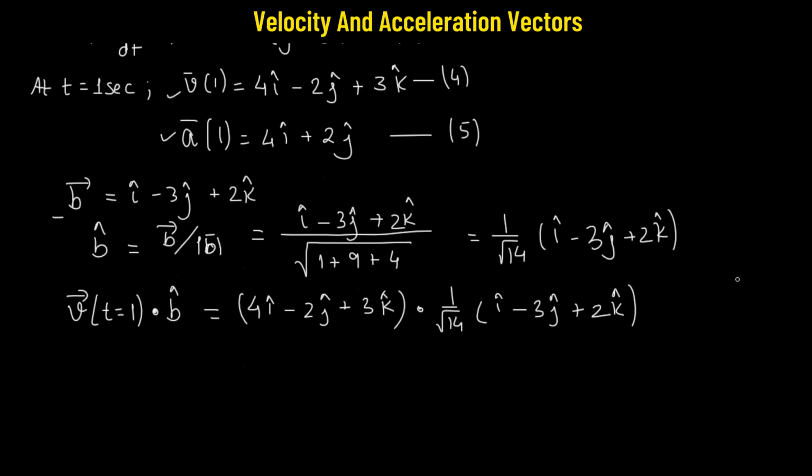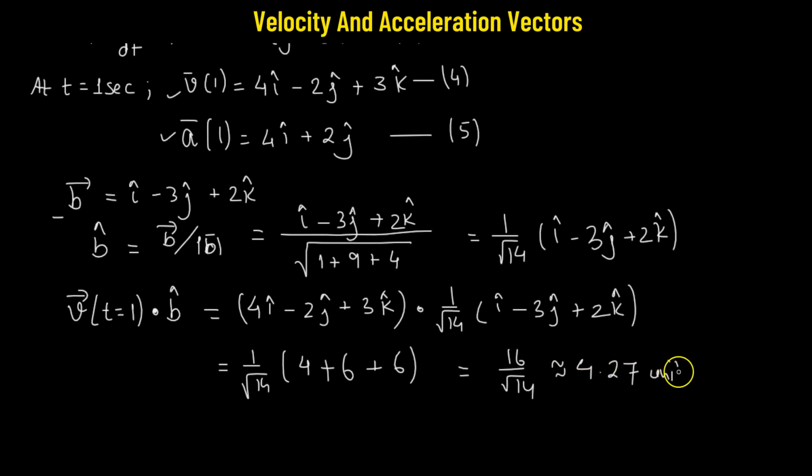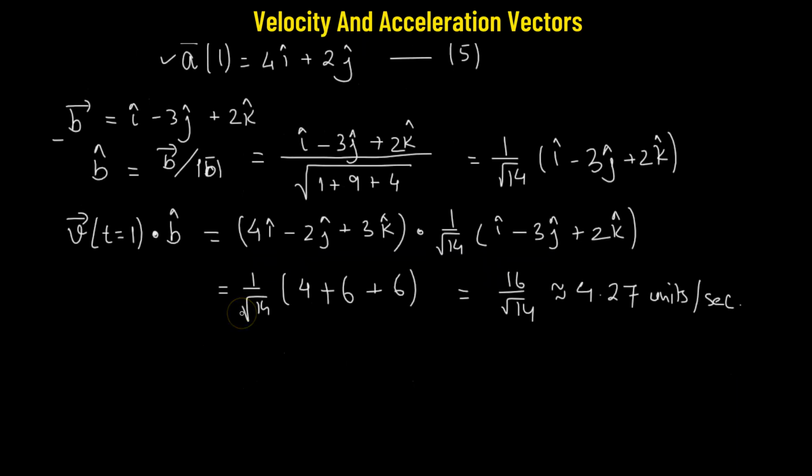So we have 1 over square root of 14 multiplied by 4 times 1, that's positive 4, negative 2 times negative 3, that's positive 6, plus 3 times 2, that is positive 6, which equals 16 over square root of 14. So this is approximately 4.27 units per second.